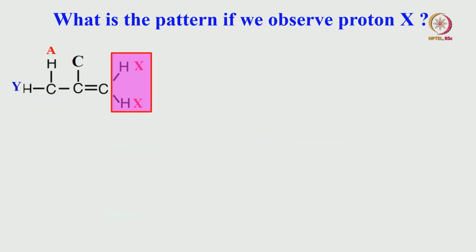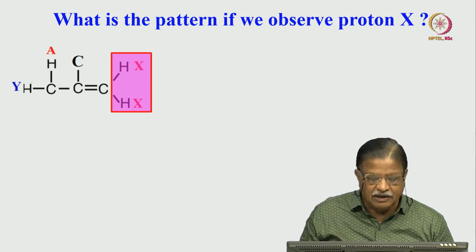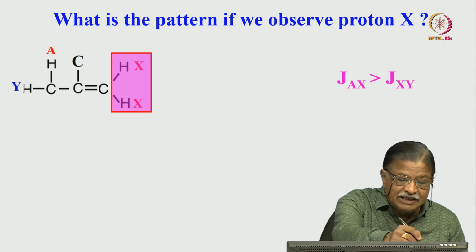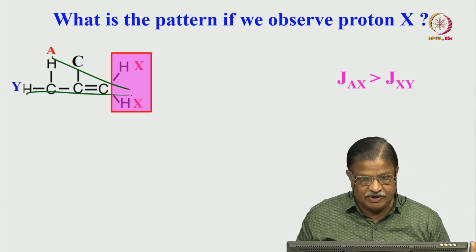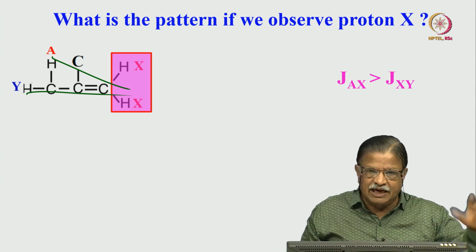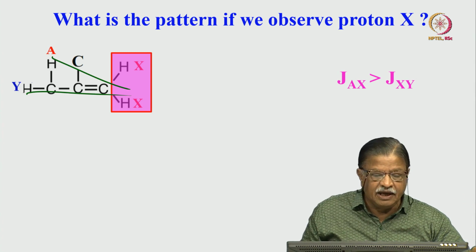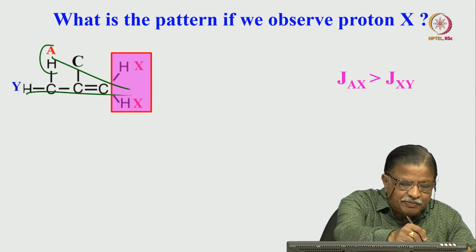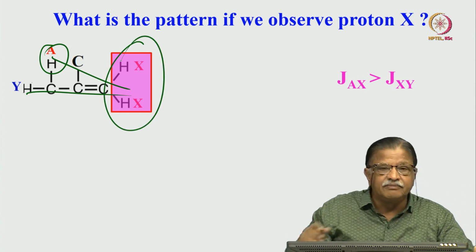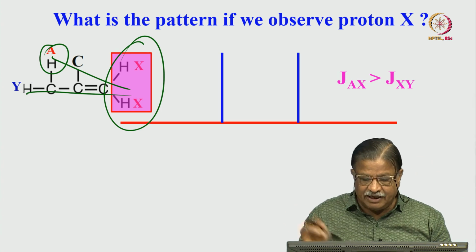In the same molecule, now I am going to see the X proton. What will happen now? Let us put a condition: JAX is larger than JYX or XY. YX and XY are both the same because the interaction in NMR is always mutual. Now what is the pattern we expect? JAX is larger, so the A spin will split this into a doublet, because for the CH3 proton there are only two possible orientations.